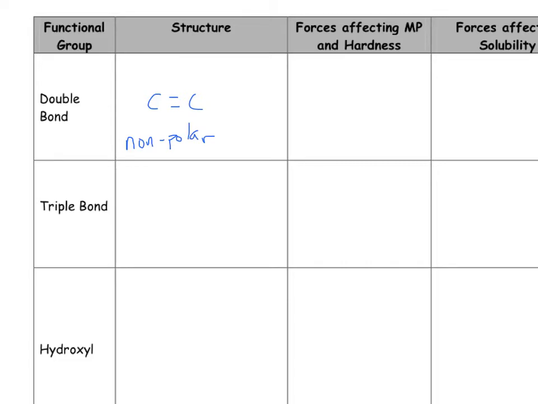However, whenever you put a double bond on a compound, you have to remove two hydrogen atoms. Because of this, your molecule is smaller, which makes the London dispersion forces weaker than if there was a single bond there.